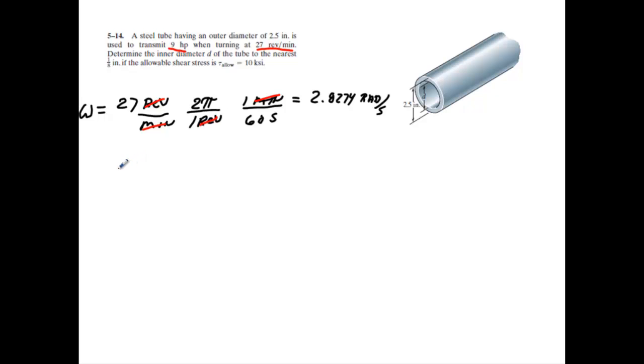And now all we have to do is, this is given in the textbook, the power is equal to torque times omega. So all we have to do then is determine what the torque is. Now we have 9 horsepower.